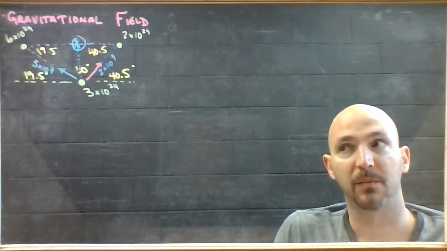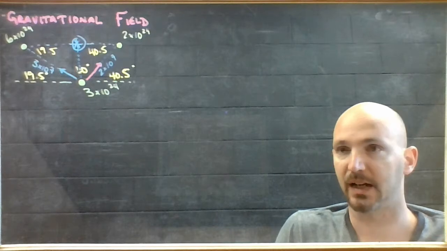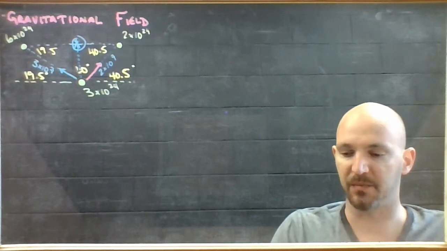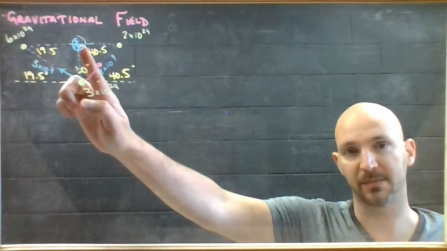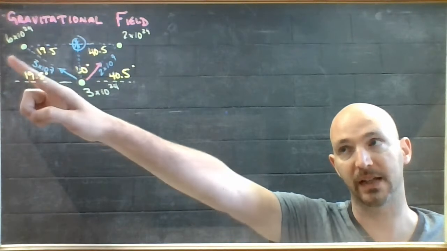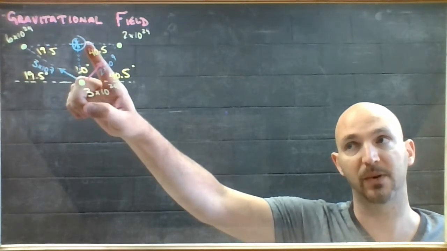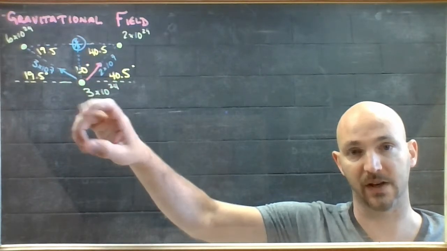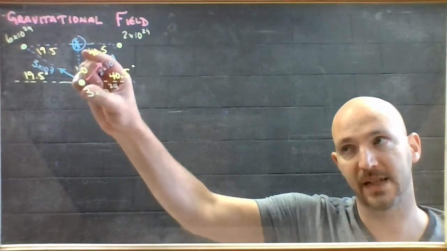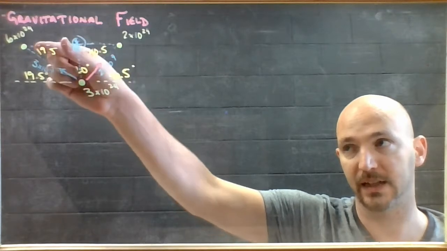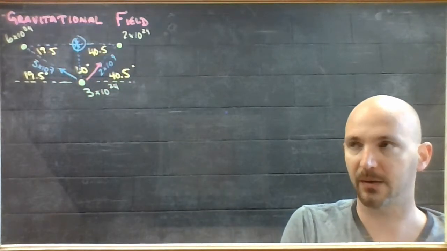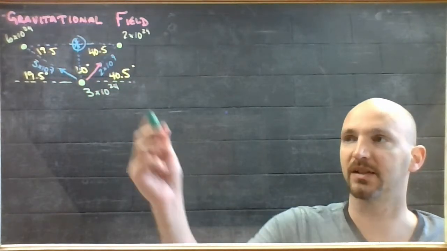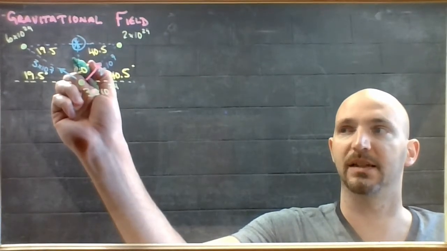I left all the numbers for the triangle on there so that we didn't have to start from scratch. Basically, I have a field pointing in that direction, a field pointing in this direction, and a field pointing straight down. So I need my separations. I need that, and I need that. I'm going to start by solving this particular piece here.